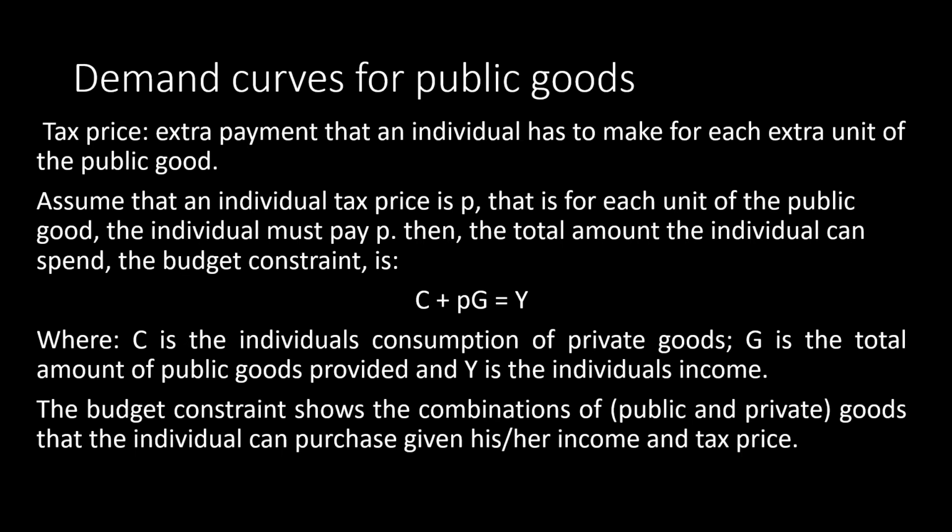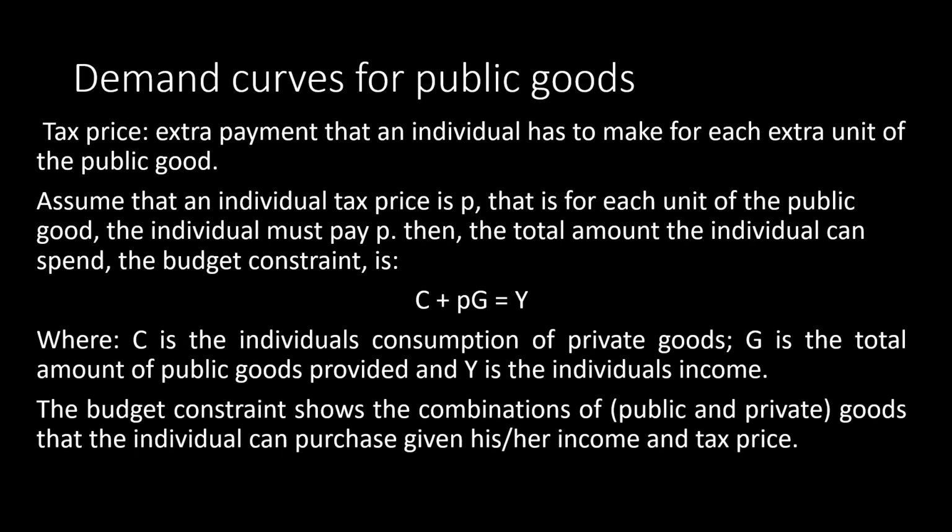Here we have to know some variables. The tax price is the extra payment that an individual has to make for an extra unit of the public good. So assume that an individual pays a tax price P, which we see there in our equation, for each unit of the public good.